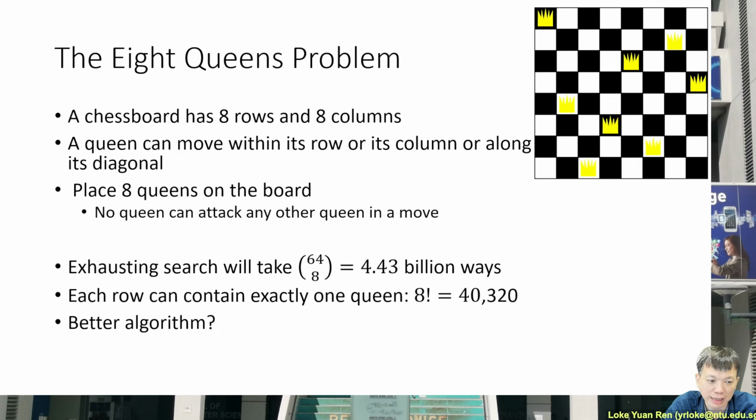But the question is, can we do it in an even better way? Is there any better algorithm? That's what we always think about. If I put one queen in a row, do I really need to test all of them? You put 1 queen in each row. If I place one queen here, then I only have 7 positions I can put.